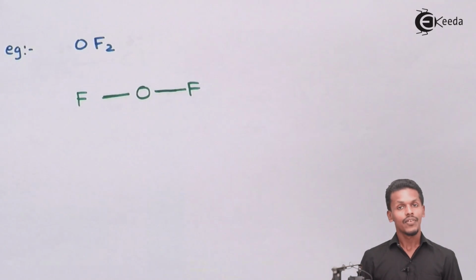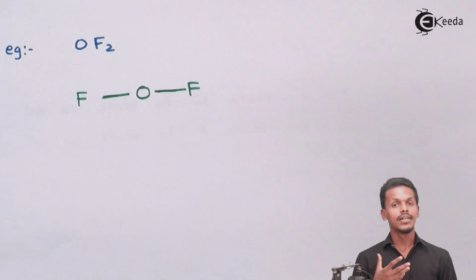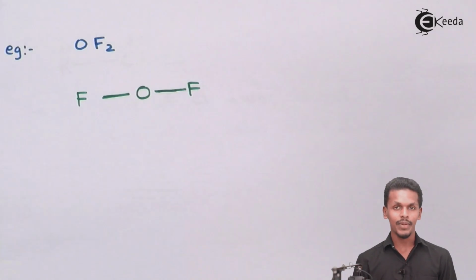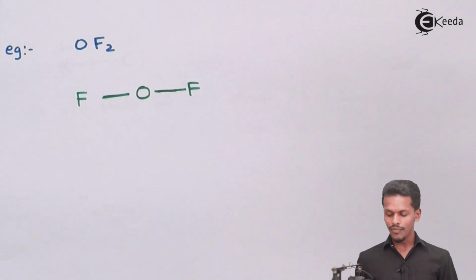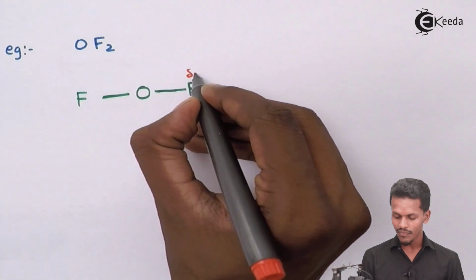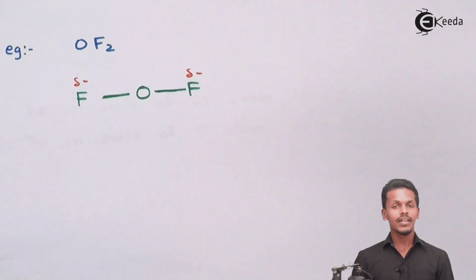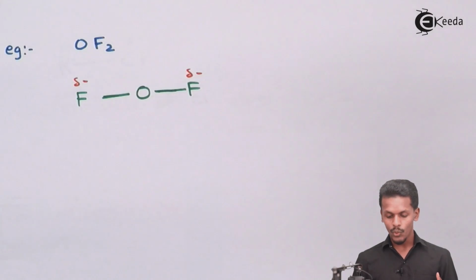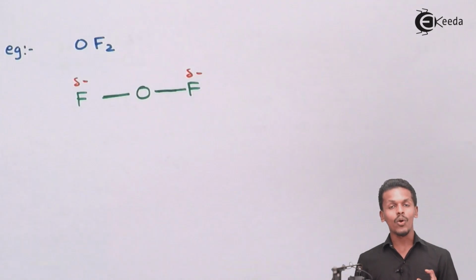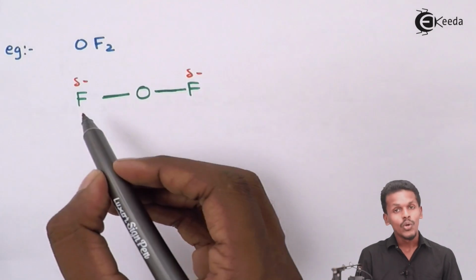For that, we know that fluorine is the most electronegative element of the whole periodic table, so the fluorine atom will have a partially negative charge. This means the fluorine atom will try to pull the electrons of oxygen towards itself.